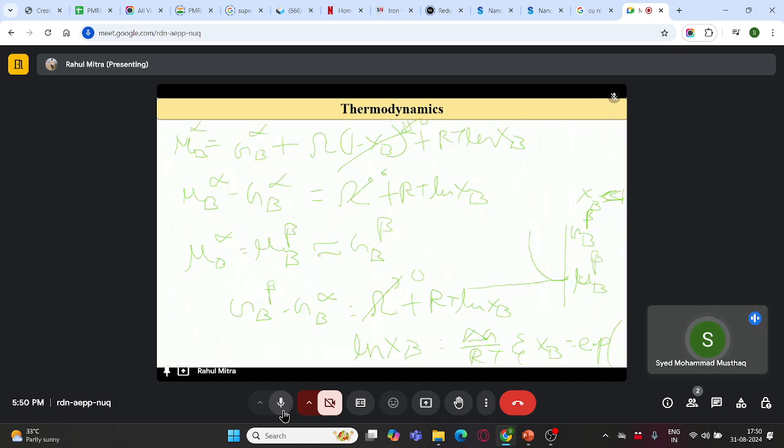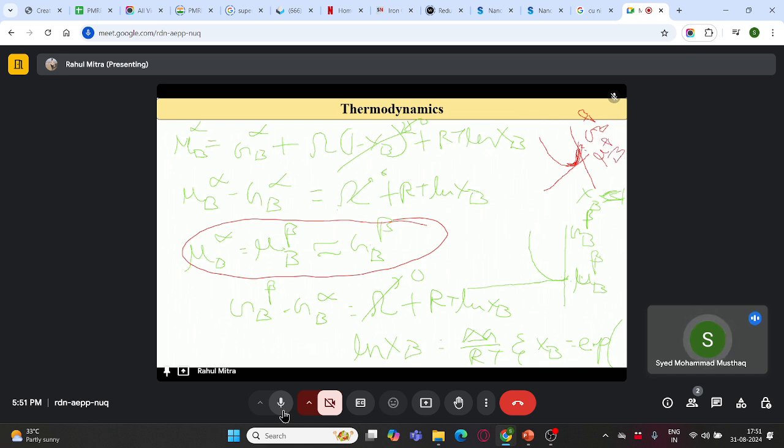This relation is important because we approximated this term. If we look very closely, let's assume that this curve touches the tangent. We have two terms: one is G_V beta, and the other is the chemical potential of B in beta.